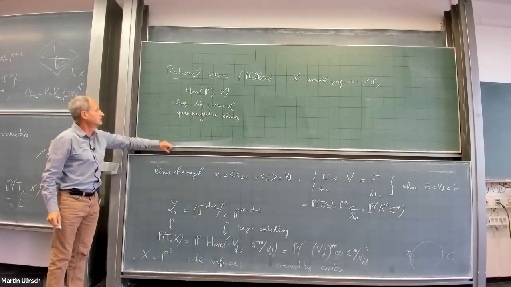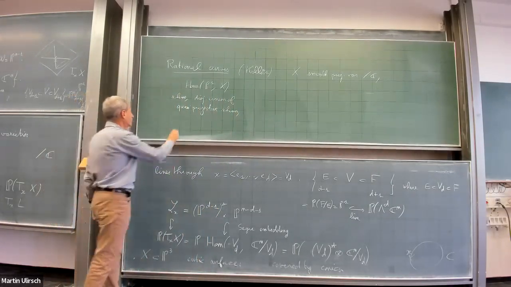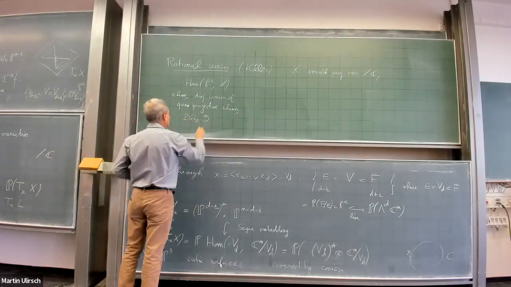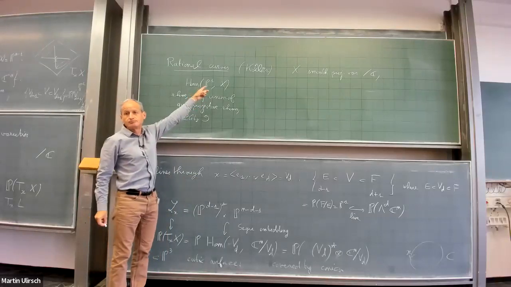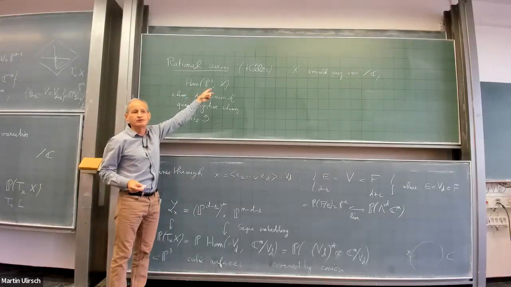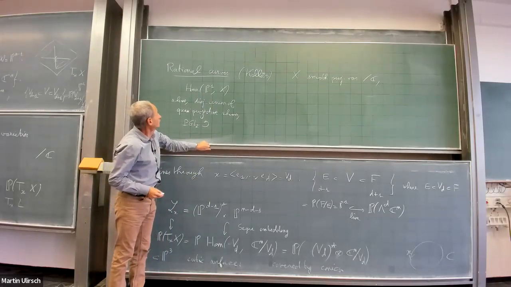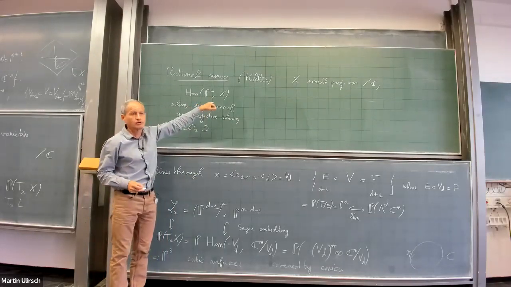There are countably many of them, and it has an action of PGL2 by just acting on P1 by reparametrizing. And you think of this as some approximation of parameterized rational curves.